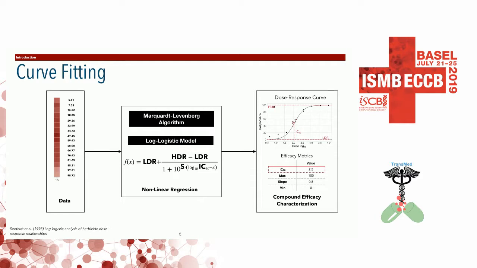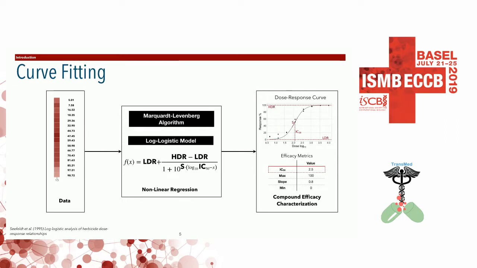Once we apply nonlinear regression, we get an estimate of the IC50, which corresponds to the inflection point of the curve, and can also be interpreted as the concentration that will result in a response halfway to the maximal response. Then we also have the max and min response, which are the upper and lower bounds of the curve, so they are asymptotic values.